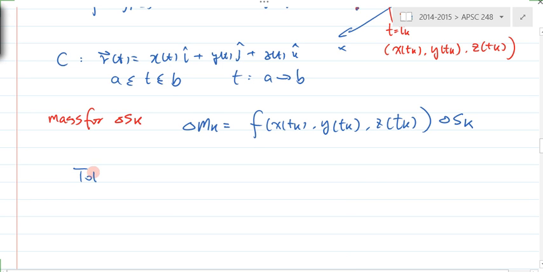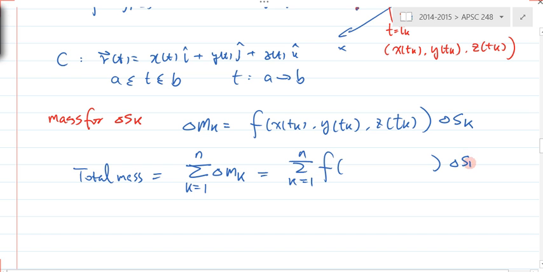The total mass is going to be a summation over k from 1 to n of delta mk, which equals the sum from k equal to 1 to n of the density times delta sk. That's the total mass, or rather an approximation of the total mass.